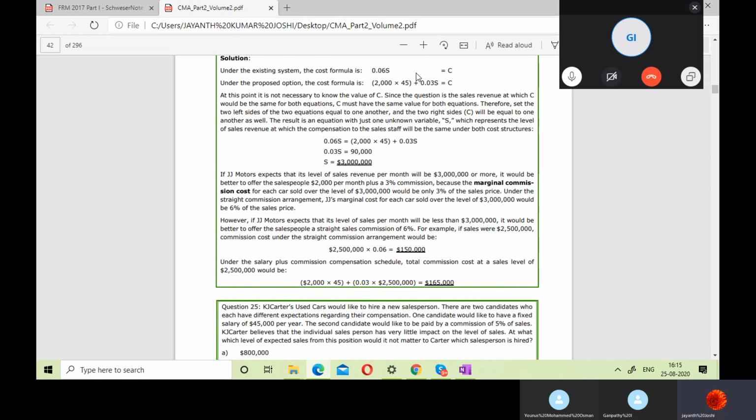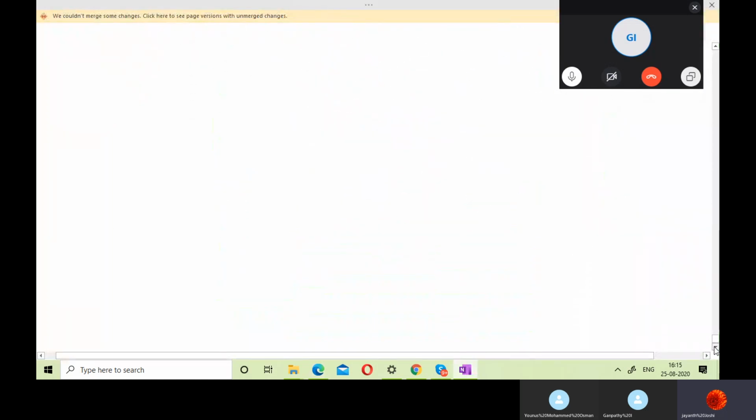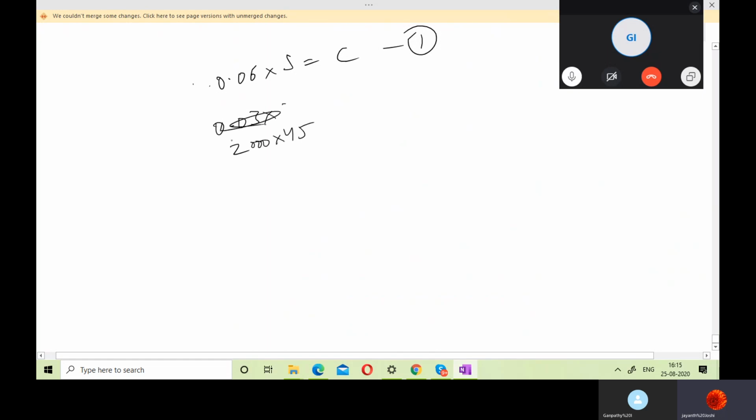if at all the sales is more than 3 million, suppose it is 4 million, so now you calculate. See, I'll tell you what he is saying. Okay, this is your cost function. 0.06 of your sales is the cost. 2,000 into 45 people plus 0.03 of sales is equal to cost.